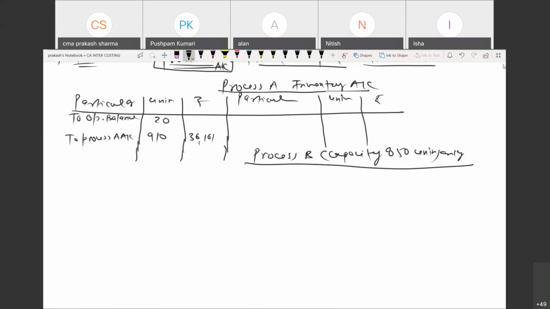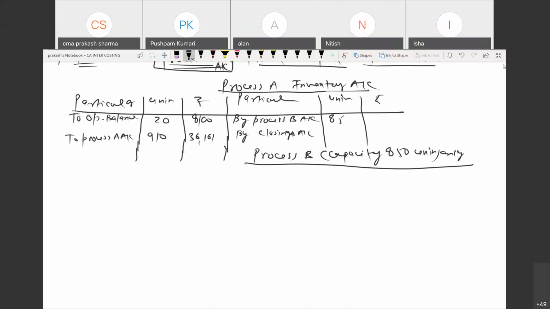Suppose these 20 units are of value, let me check the appropriate amount, say 8100. Now, because process B has a limiting capacity of 850 units only, only 850 units can be transferred to the process B account, while the other units will still be kept as inventory, as closing stock.